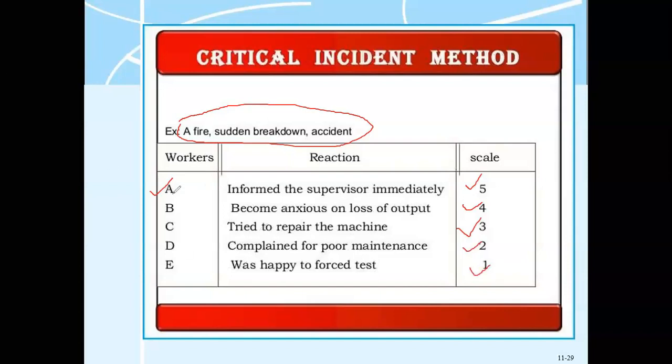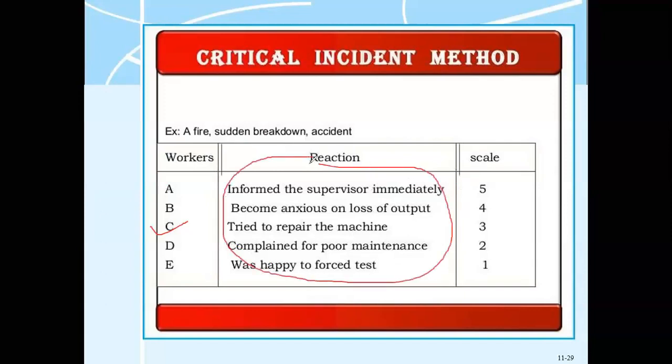So for example, worker A is there. So what worker A did is a particular reaction, and what the scale is that is going to match that particular employee. So for example, if I'm talking about C, I have to give a scale of all these reactions, right?